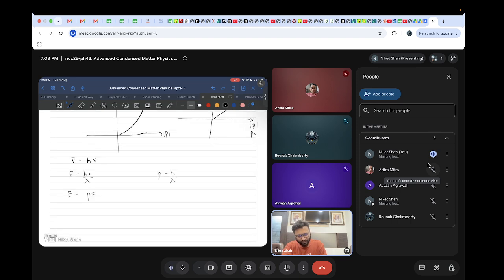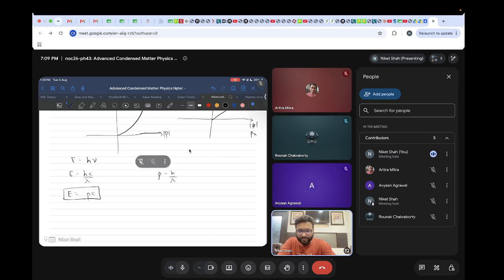For photons, E is equal to P into C. So for photons, you get a linear dispersion. For normal particles with mass, you always get a quadratic dispersion in nature, in free space. But inside your condensed matter system, the interactions are arranging themselves such that your electron near these Dirac nodes behaves like a massless particle. So that's such an interesting thing that comes out.